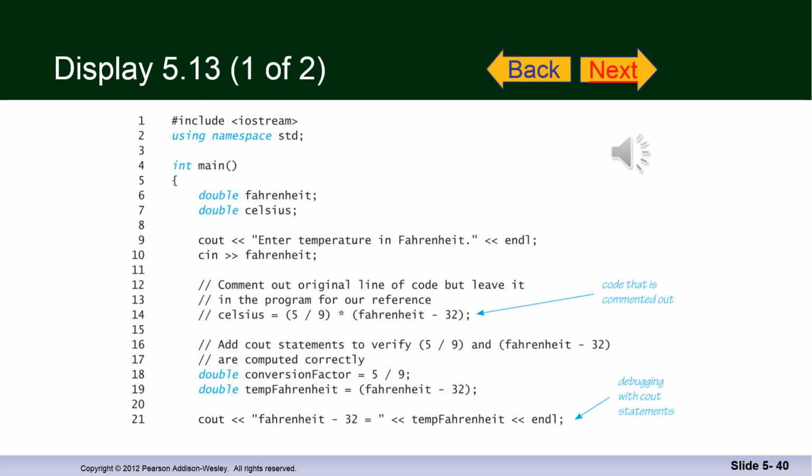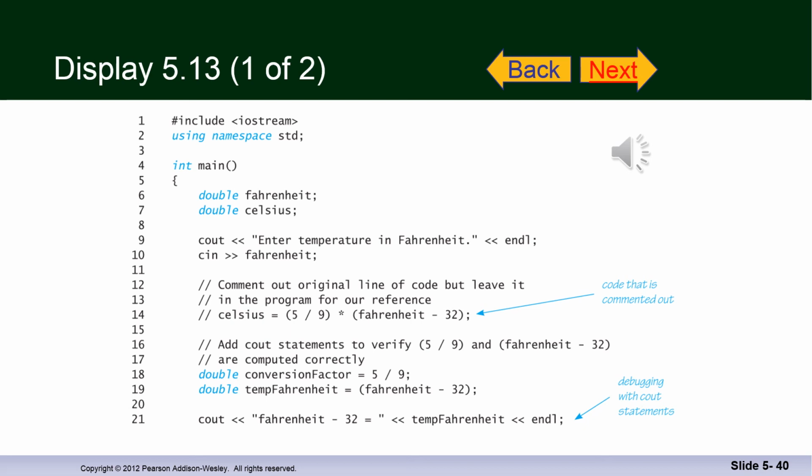In this next step in the debugging process, we're going to comment out the original lines of code in the program that calculated the conversion from Fahrenheit to Celsius. And then we will add cout statements to verify each part of the calculation to see where the error occurs.